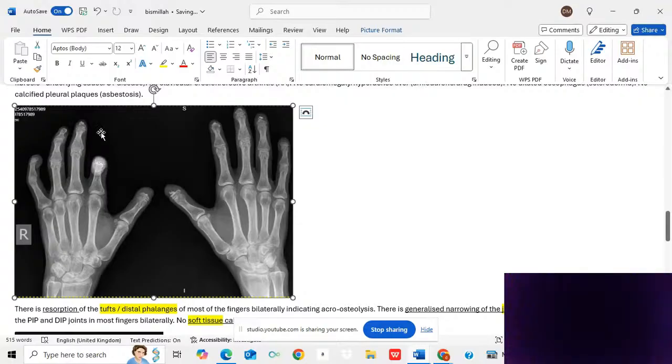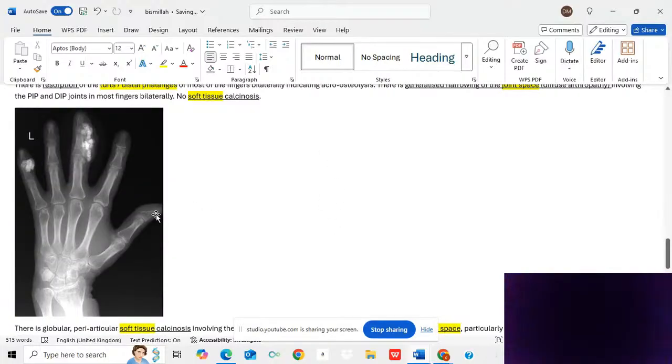The middle and distal phalanx are completely resorbed. So in this case, you can see the resorption of the tufts of the distal phalanges. In this case, no: there is no evidence of tuft or distal phalangeal resorption.